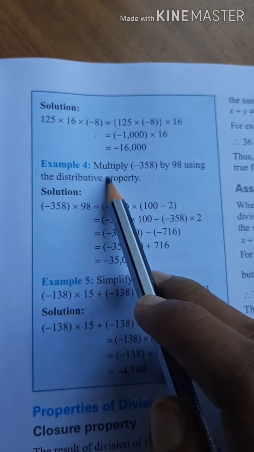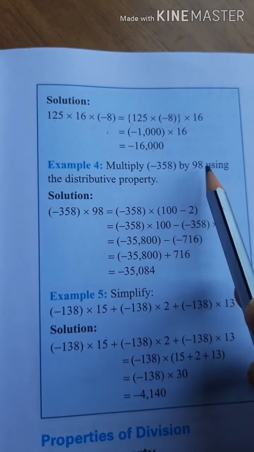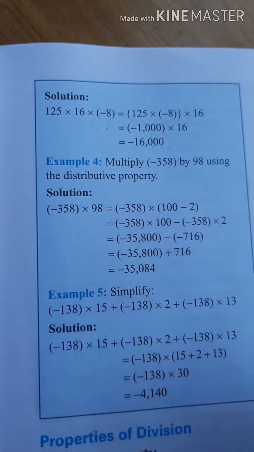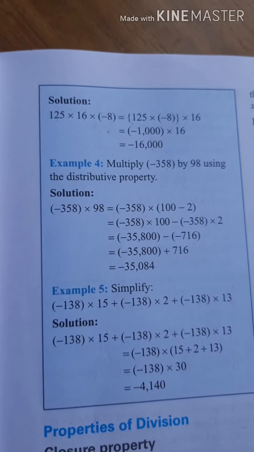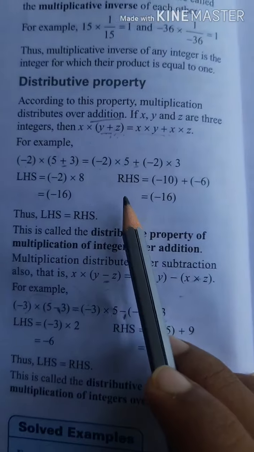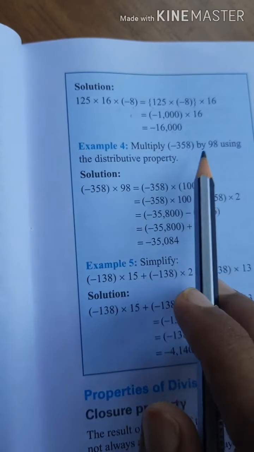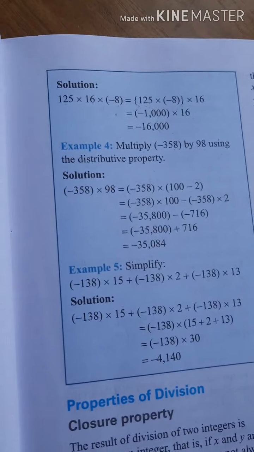Now example 4. Multiply minus 358 by 98 using the distributive property. So what does distributive property mean? Here they have given multiply using the distributive property.